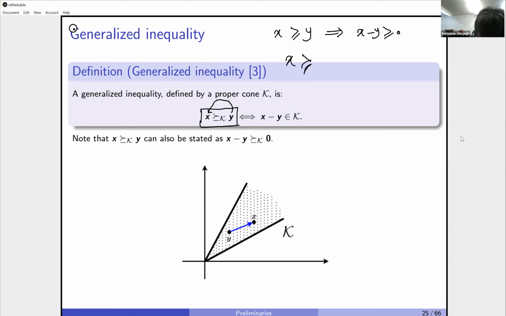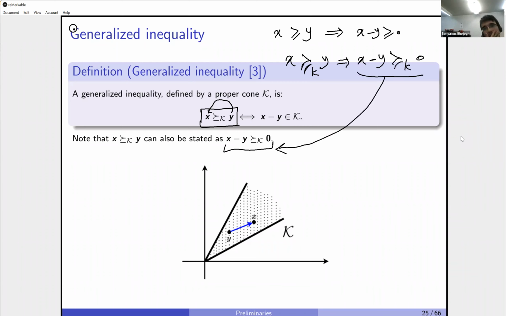Now we can generalize. We have the generalized inequality where we say that it has an index, a subscript K, which means the cone K. You can also have the same thing: bring y to the other side, and this will be exactly what I drew here. And what does it mean? It has an interesting fact.